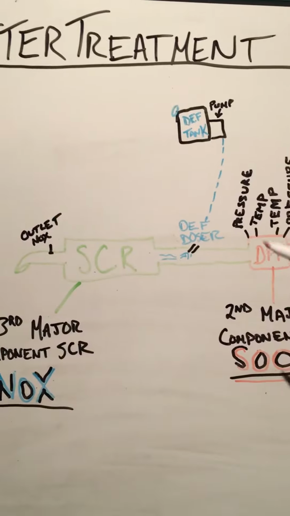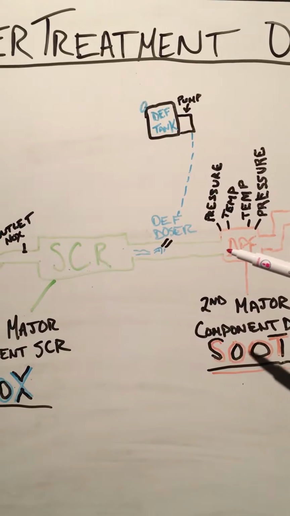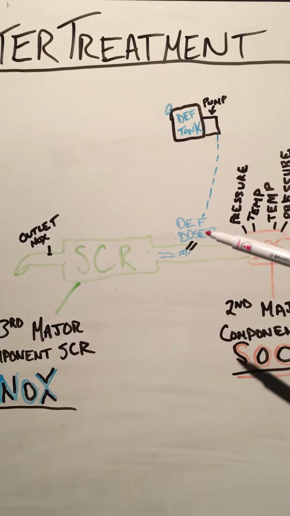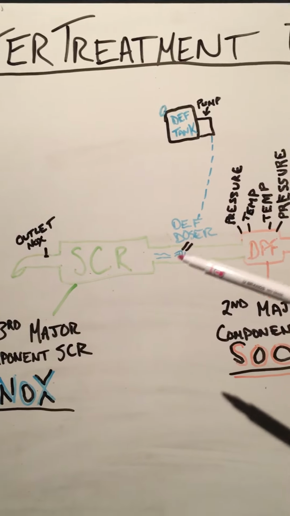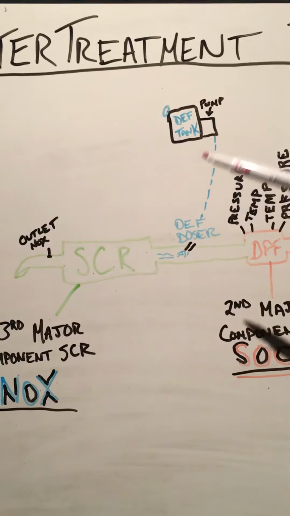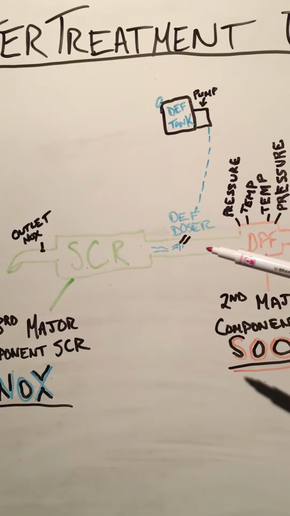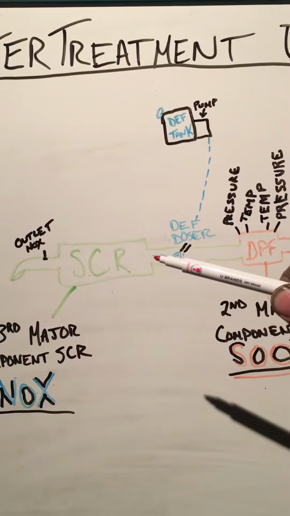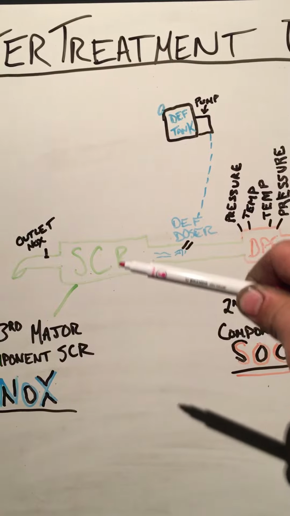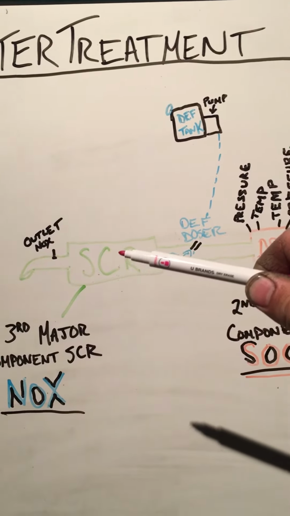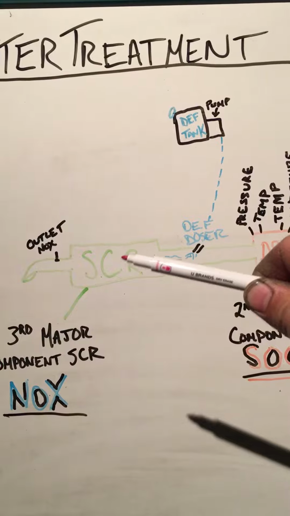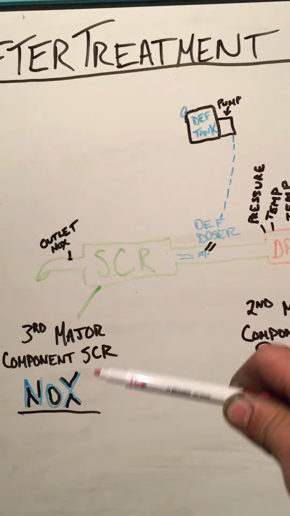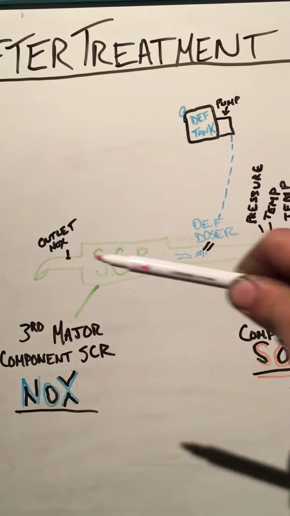But what happens is after your exhaust flows through your DPF and that catches the soot, your exhaust system is pumping DEF after the DPF before the SCR. And what happens is that DEF gets shot into the exhaust stream, and when the DEF, that chemical, mixes with the exhaust inside this SCR catalyst, there's certain precious metals and materials inside of this SCR catalyst that is converting the nitrous oxide from a high number to a low number.